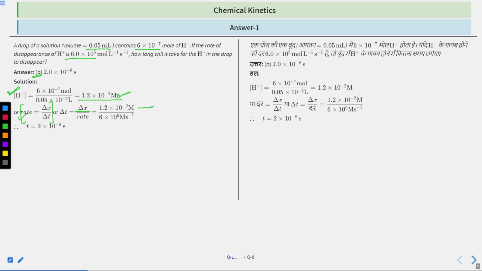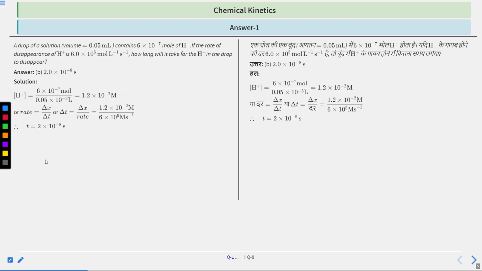So we put the change in concentration as this concentration and divide by the rate. Rate is given, the rate of disappearance is this much. So we divide it by this. Now on solving this fraction, it will be equal to the time T, which is coming out as 2 times 10 to the power minus 8 second. Thus our option B is the correct answer.